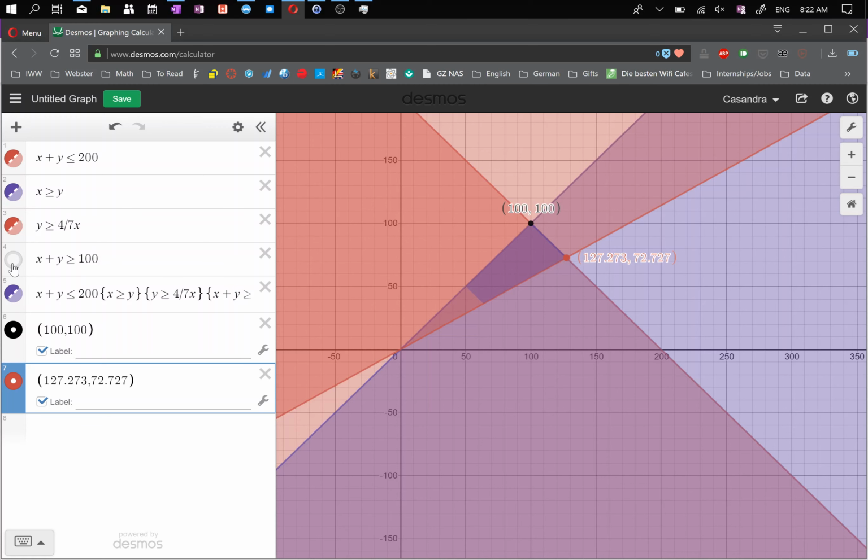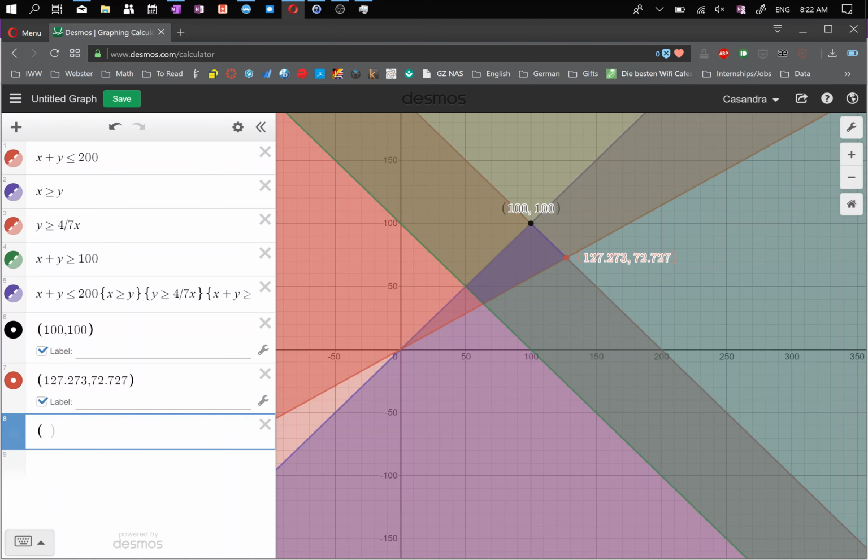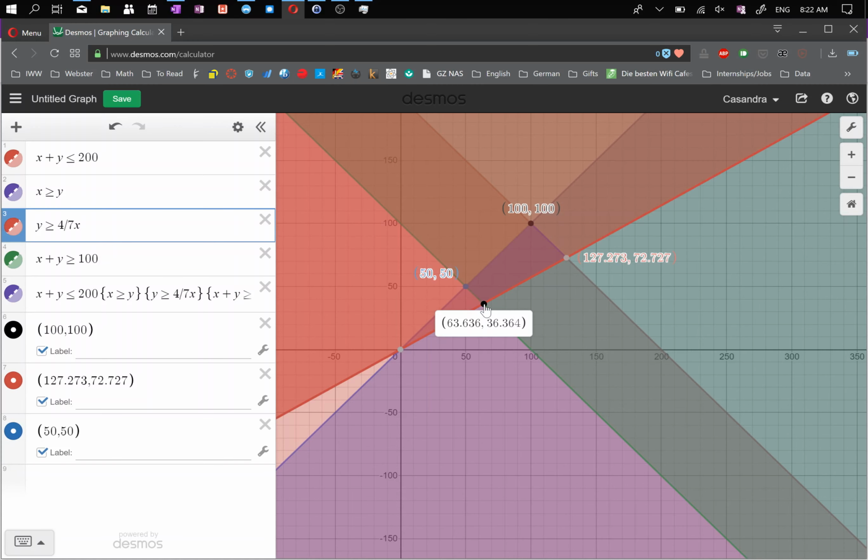So then if I turn on this last one, it gives me both of my other corners. So I have one at 50, 50 and one, yes, please label, and one at, oh, this is because of that 4/7. Okay. 6-3, 6-3-6.